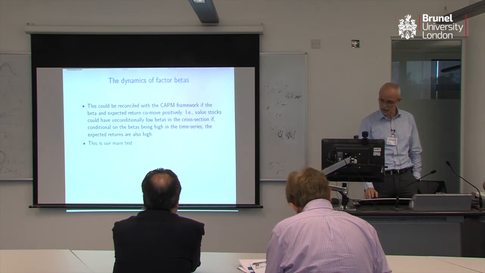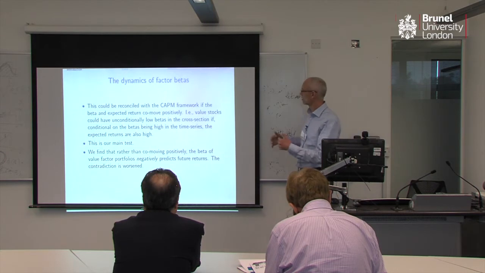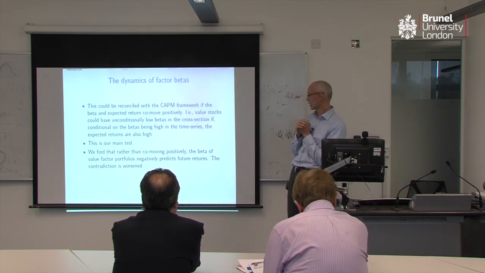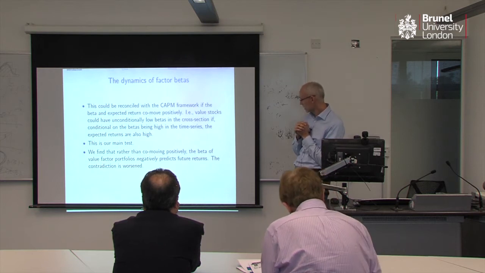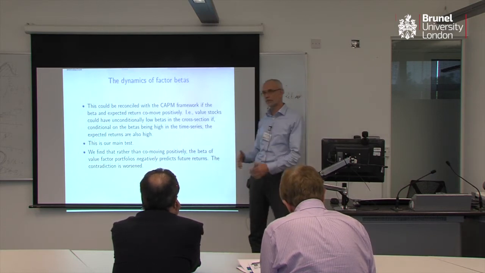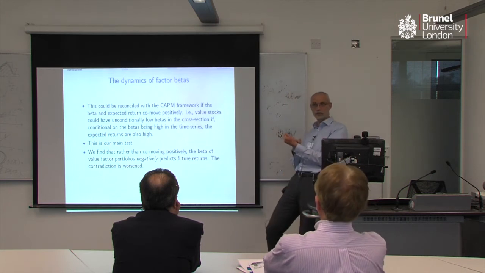So this is our main test. We look at the expected return to these factor portfolios conditional on this time-varying beta. The finding in a nutshell is that rather than the factor returns co-moving positively with the betas, they co-move negatively.